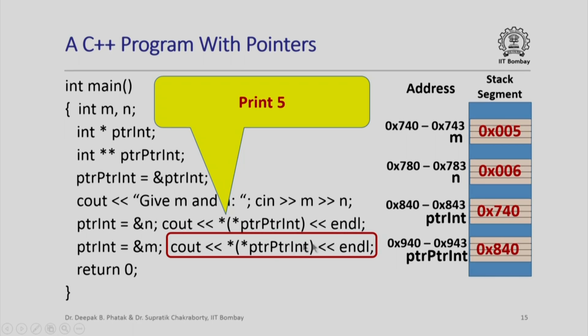So when I execute the same statement as I had done earlier, I am now going to produce a different output, because star pointer pointer int just tells me pick up the value of pointer pointer int, go to that memory location and find out what the contents there are. And when I read those contents, I now get the address of m instead of the address of n which I had obtained earlier. And therefore when I say star of pointer pointer int, I will go to the memory locations allocated for m and I will read out the value there, and thereby I will print 5.